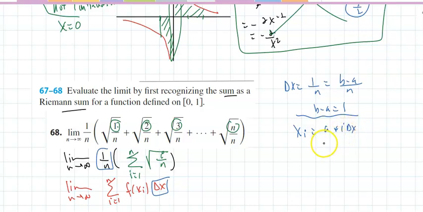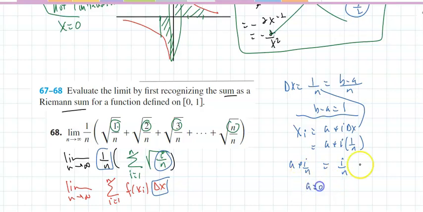In our case, we do not know what a is, but delta x is actually, we got it to be 1 over n. So I'm trying to figure out a plus i over n equals i over n.